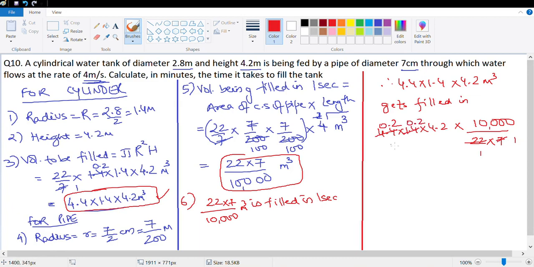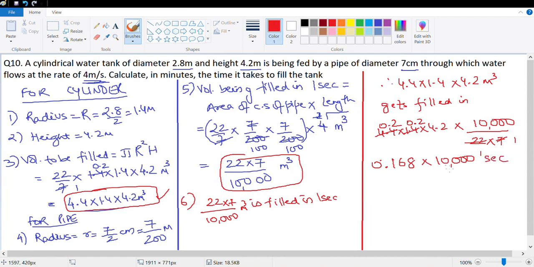So this is 2 into 2, 4, 4 into 42. That 42 into 4 would be 168. Yes, so that's 168. And how many decimals? 1, 2, 3. So this is 0.168 multiplied with 1 with 4 zeros seconds.